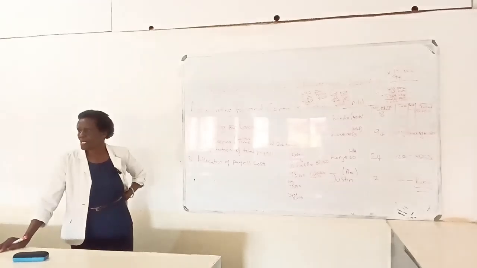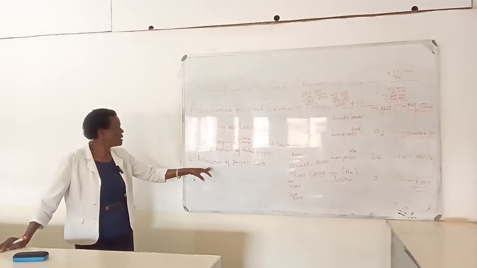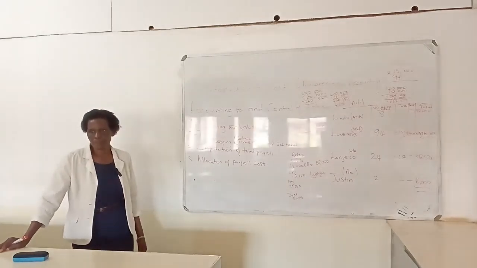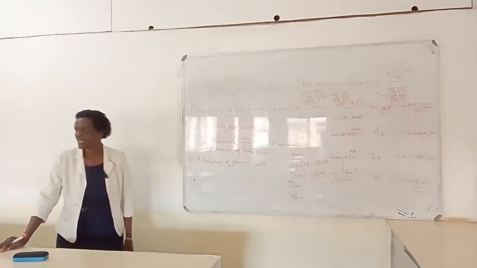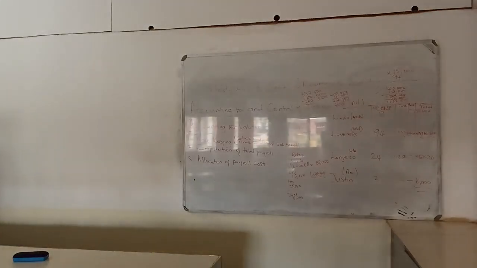So these are some of the things that we have to think about when we are talking about allocation of payroll. Is it difficult? It's not. So when we are talking about accounting for labor, these are some of the things that we have to think about, and we are supposed to know them.